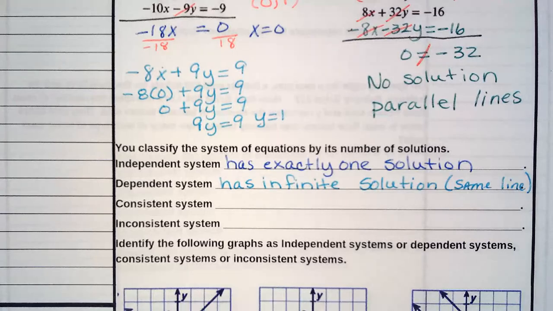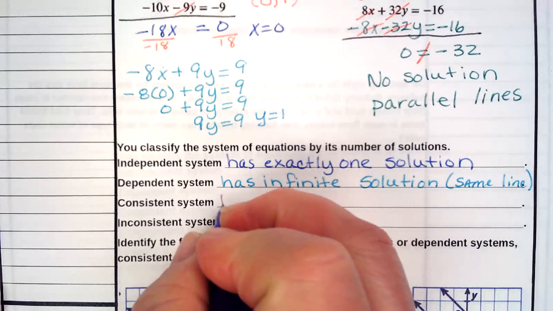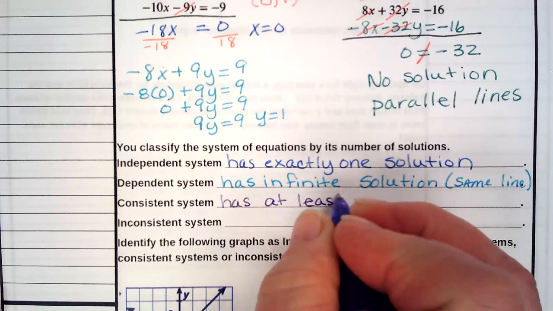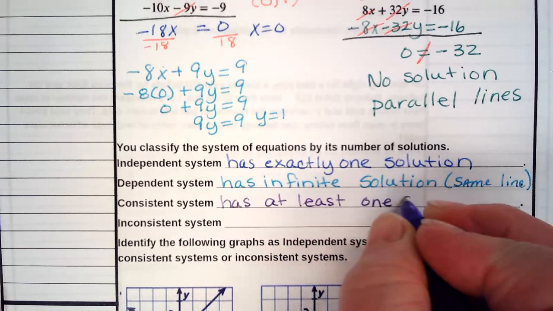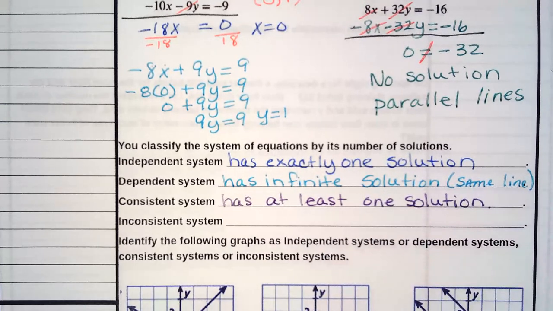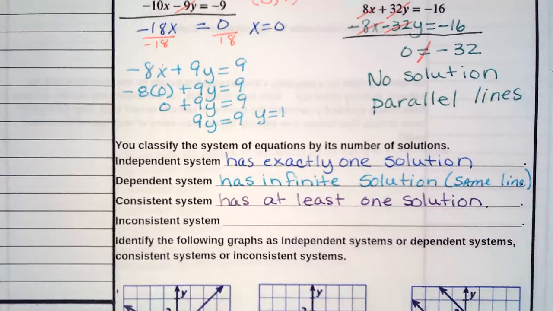Okay, so independent and dependent depend on the number of solutions. What about consistent? Any system is considered consistent if it has at least one solution. So let's think about this a little bit harder.